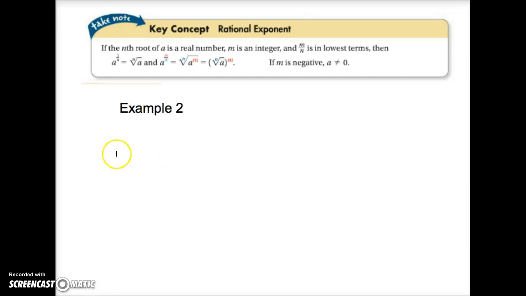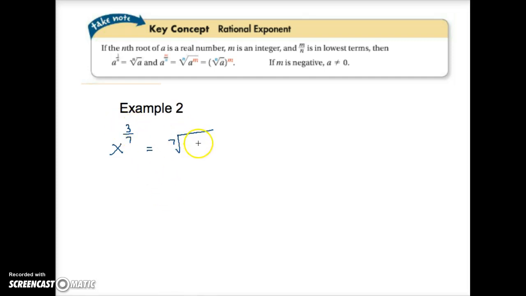So if we have x to the 3/7 power, what this is saying is that my denominator is my index. This becomes my index, and this is the power that I am raising my radicand to. So my index is my denominator, so 7 goes there.